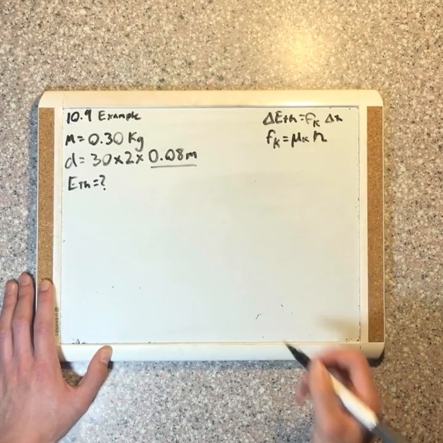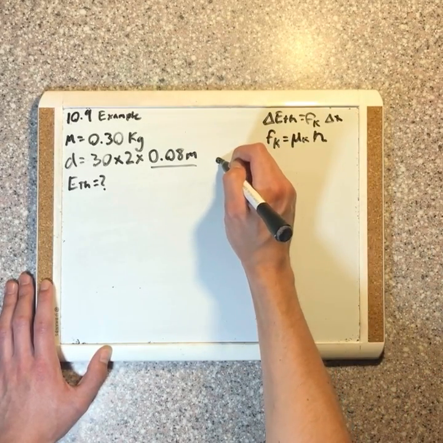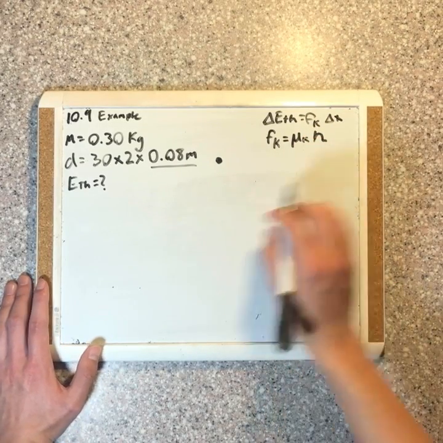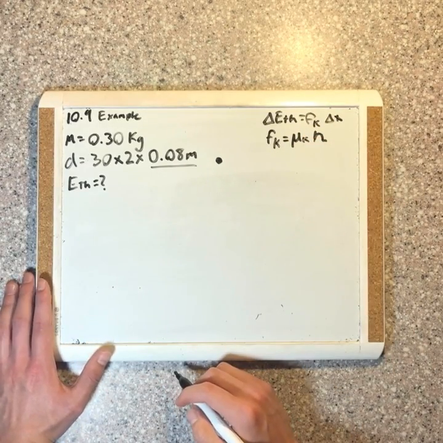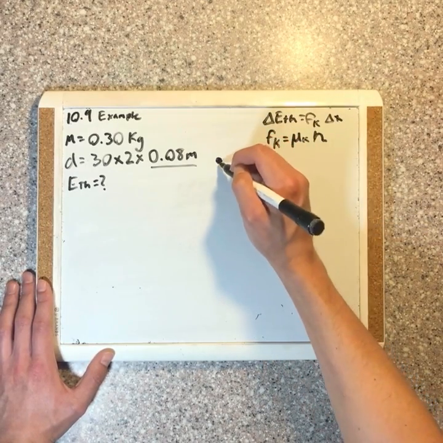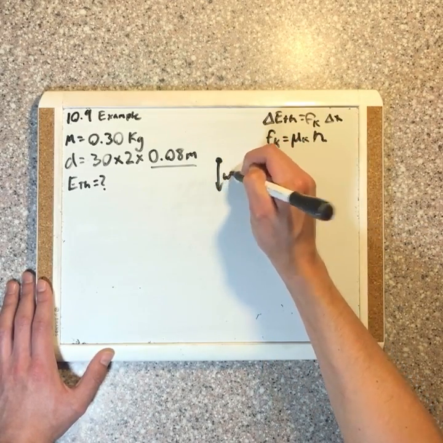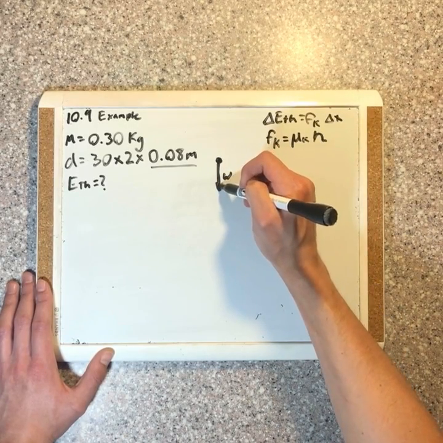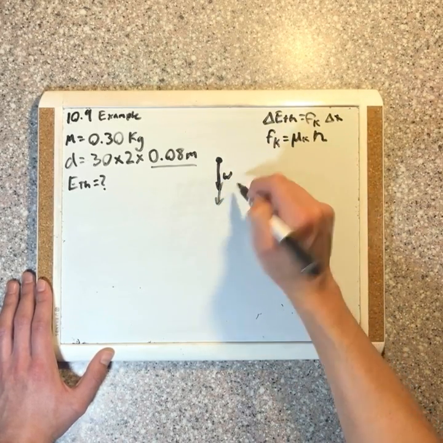Well, let's think about this example. We have our object, our block of wood or whatever it is that we're rubbing across the surface. What forces are acting on that block of wood? We have the weight, and we have the force that we're exerting on it from pressing.